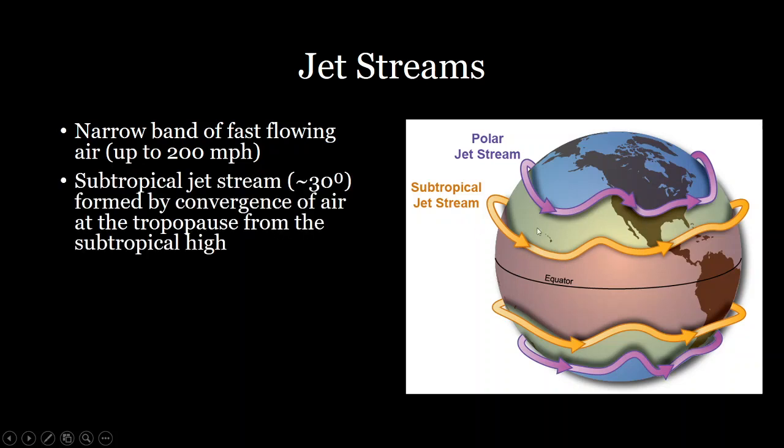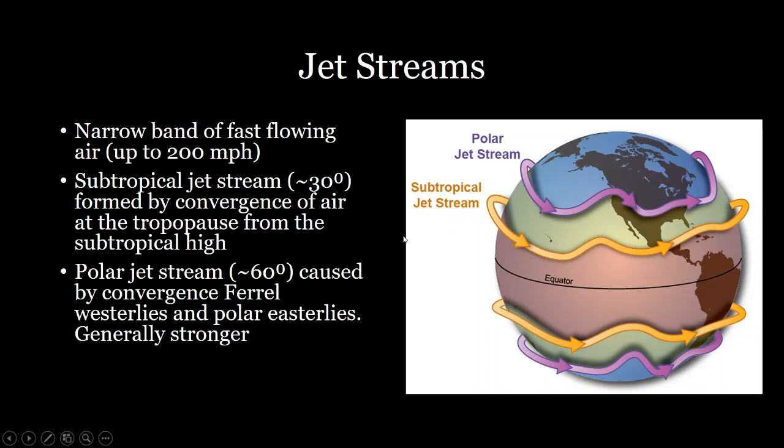Even stronger is the polar jet stream, which is around 60 degrees north compared to the subtropical jet stream, which is around 30 degrees north. And the polar jet stream tends to be a little bit stronger, and the polar easterlies and the subtropical westerlies converge on each other, and they tend to create very fast-moving air.